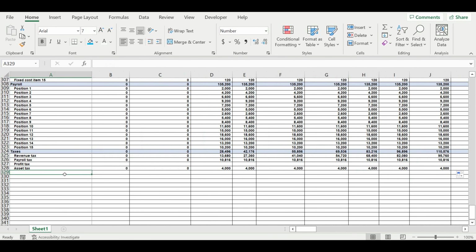Then we are moving to the first important line. It is called result from operating activity.